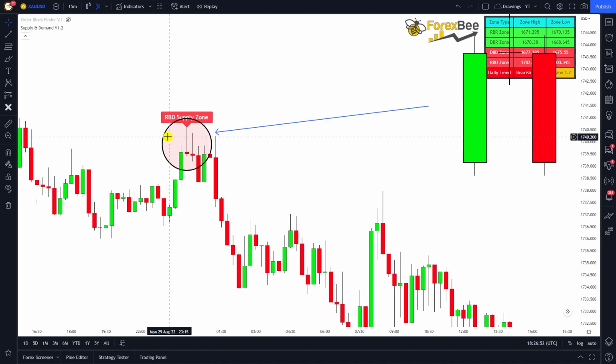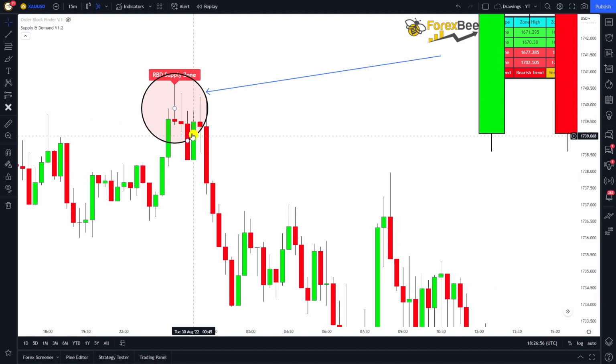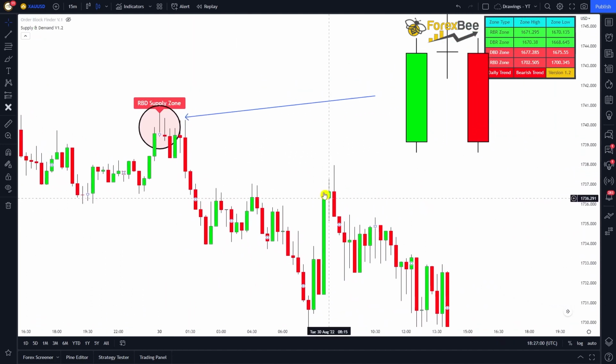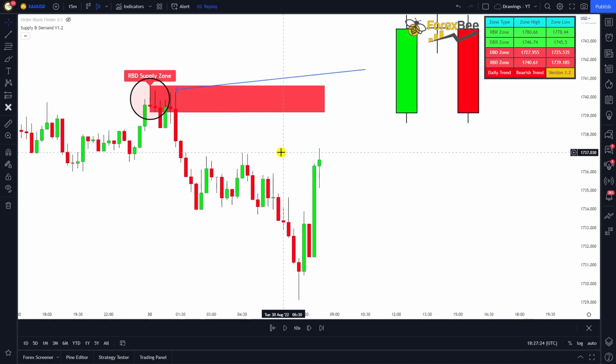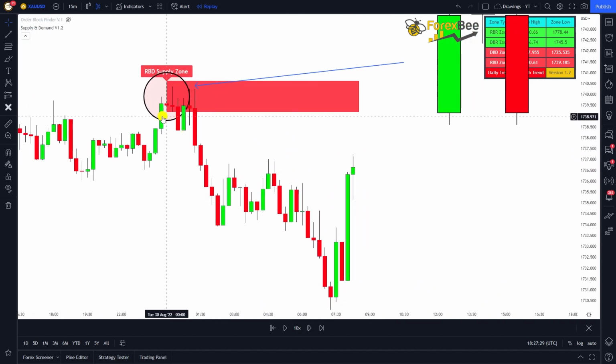Okay, so as we discussed, the supply zone will be drawn at the highs and lows of this base region. If I go ahead and just replay the market, we'll be able to see the formation of the supply zone in real time. So here you can see that there is the supply zone, and the supply zone is drawn at the highs and lows of this base region. So we'll put our entry here and our stop loss at the high of this supply zone.